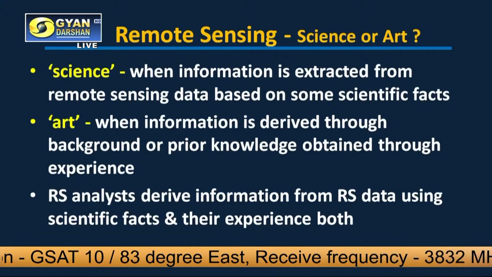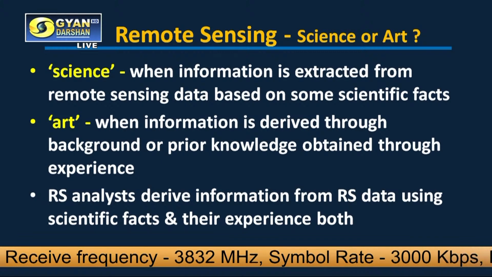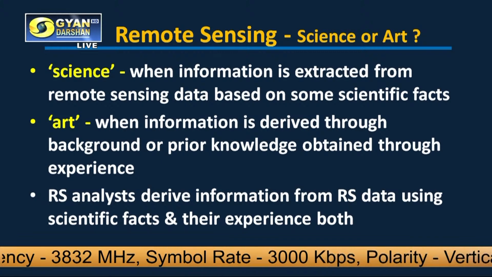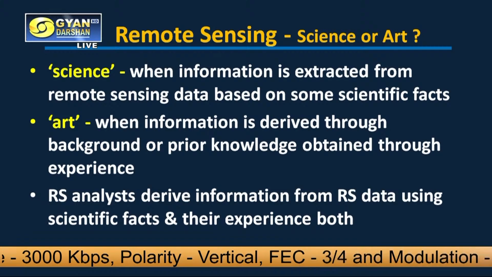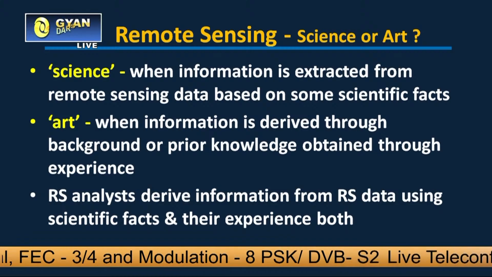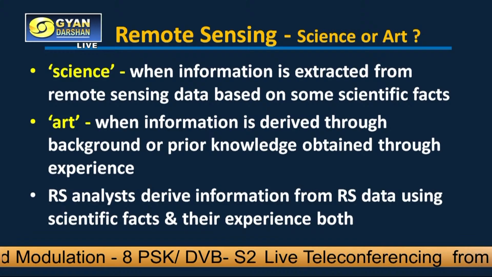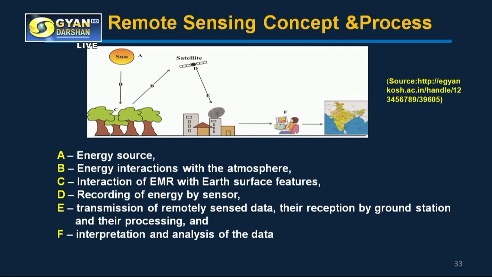Remote sensing is also science because information is extracted from remote sensing data based on scientific facts. Remote sensing is also art when information is derived from background or prior knowledge obtained through experience. So remote sensing analysts derive information from remote sensing data using scientific facts and their experiences both.